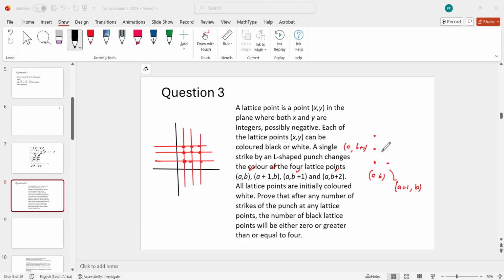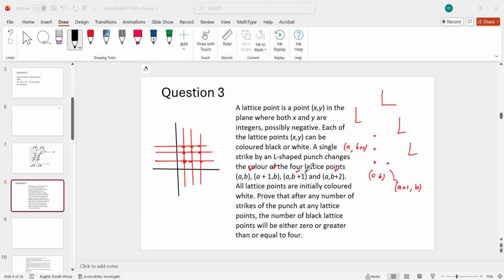And then you have this L shape. The L shape can go anywhere. This L-shaped punch can go anywhere, but it's always the same shape. So you might hit one of these points as well and change the color. If it was white, it goes to black, because it's either black or white.